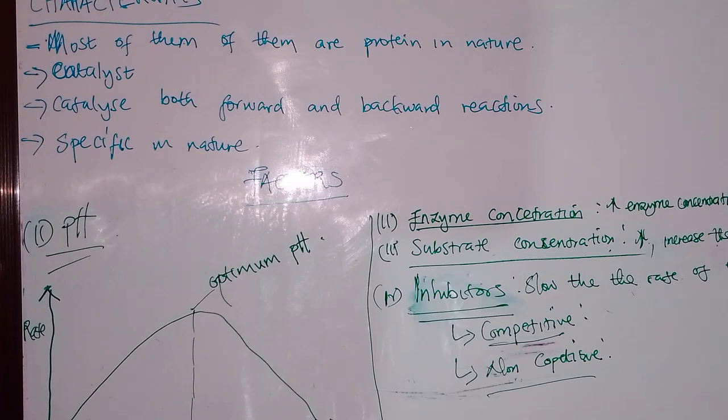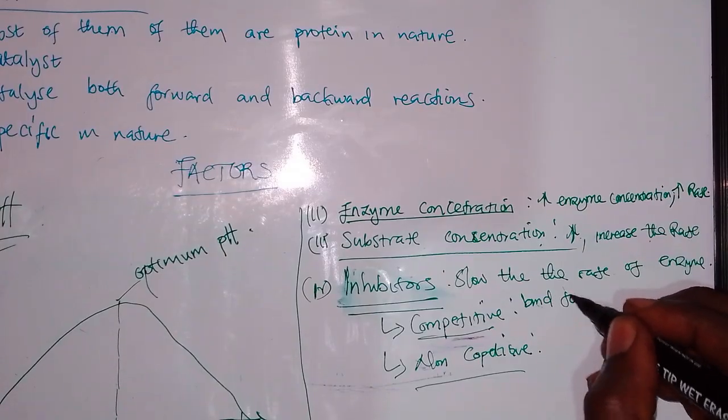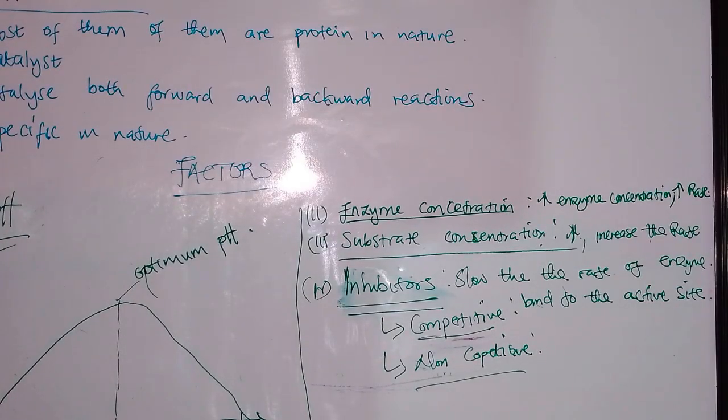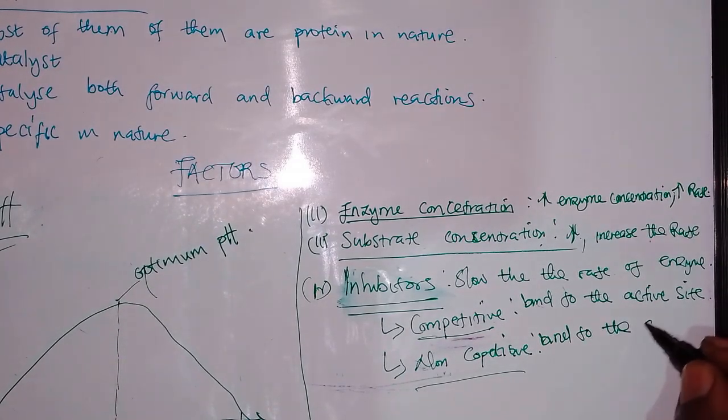We have an active site and we also have an allosteric site. So competitive inhibitors, they bind to the active site. So we know what happens when an inhibitor binds to the active site, meaning it will block the substrate from binding where? To the enzyme. Then when we talk about non-competitive inhibitors, these are inhibitors that bind to the allosteric site.